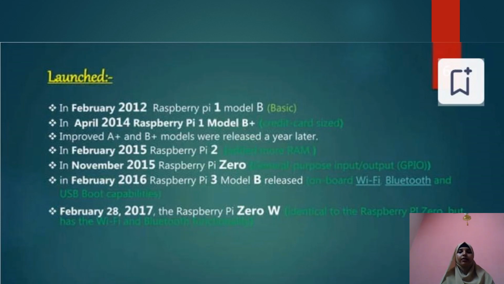In November 2015, Raspberry Pi Zero was released, and in February 2016, Raspberry Pi 3 Model B was released with the Wi-Fi and the USB boot capabilities. And on Feb 28, 2017, the Raspberry Pi Zero was introduced with Wi-Fi as well as Bluetooth.